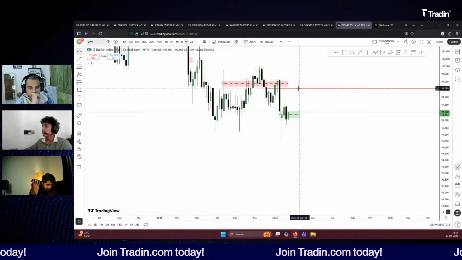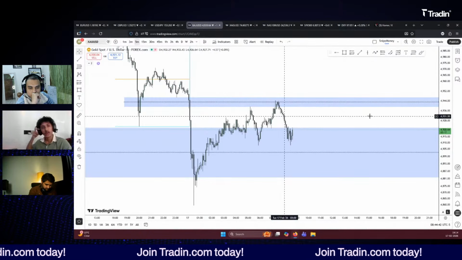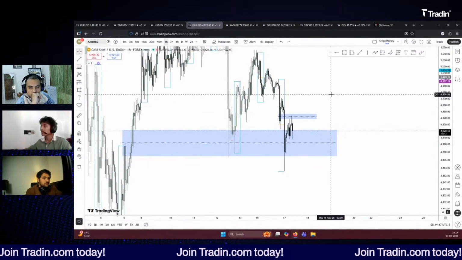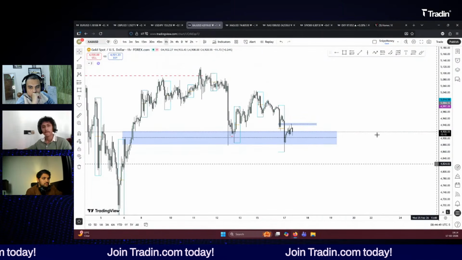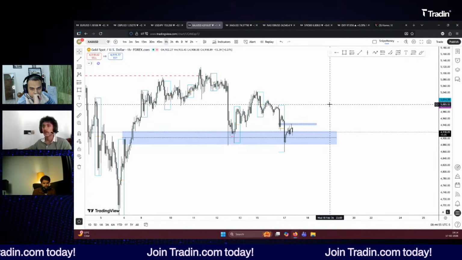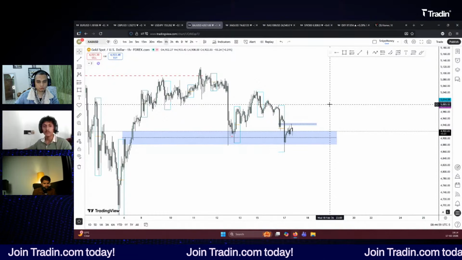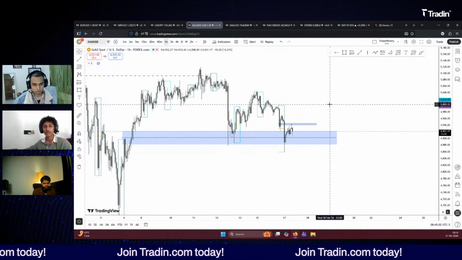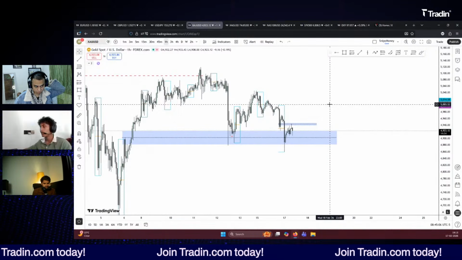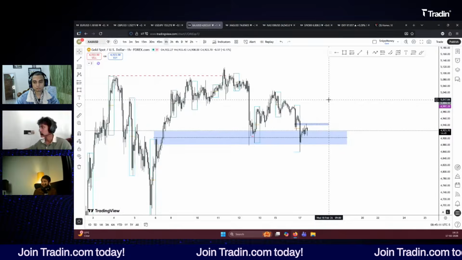Guys, gold on CPI, does it manipulate that much, or is it as clear as the Nasdaq? On CPI? Yeah, because the Nasdaq is just straightforward, it doesn't manipulate that much. No, bro, it's a little bit different with Nasdaq. No, I mean with gold, because the previous last two CPIs it has been a straight move.